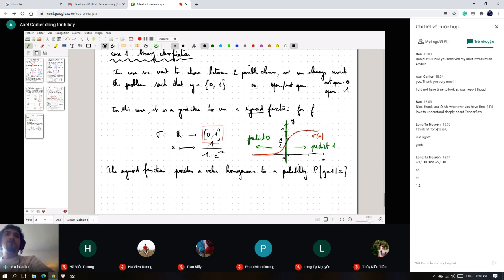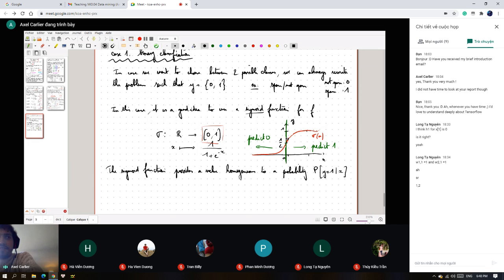With 0.6, you're not sure. So this probability value gives you some confidence on whether you are certain or not to predict 0 or 1. Do you have questions about that?